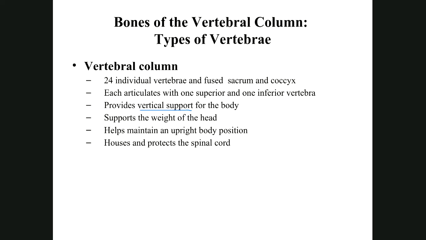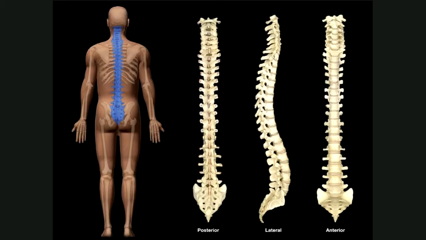But the most important part of its functionality is how it protects the spinal cord, because the spinal cord is part of your central nervous system. Without it, you're not alive. You're dead.